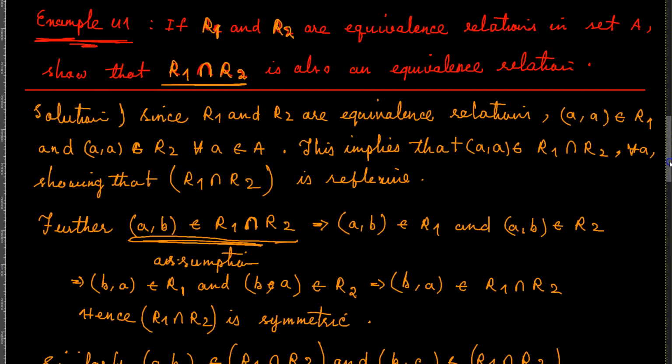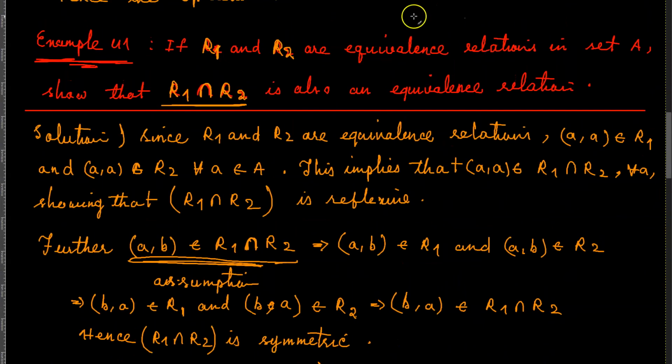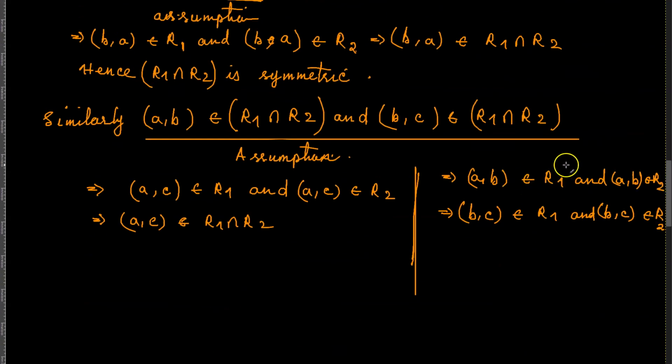Again over here we said that R1 and R2 are equivalence relations, meaning that R1 and R2 are both transitive, right? So when you say that R1 is transitive, what that means is that (A, B) belongs to R1 and (B, C) belongs to R1 implies that (A, C) belongs to R1. All of these steps have not been given in the text.